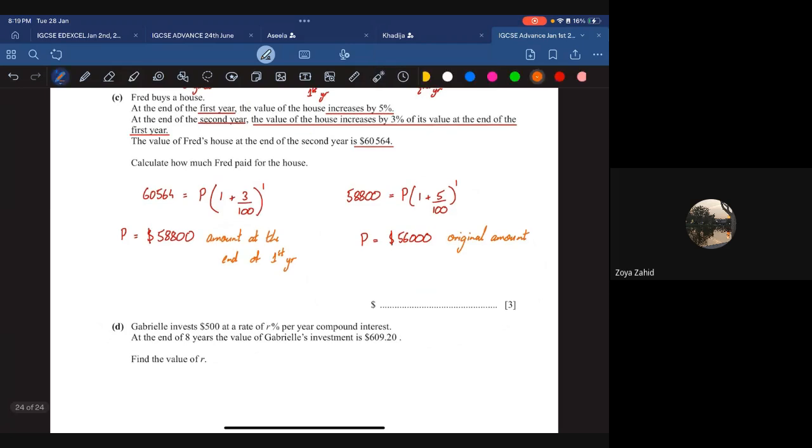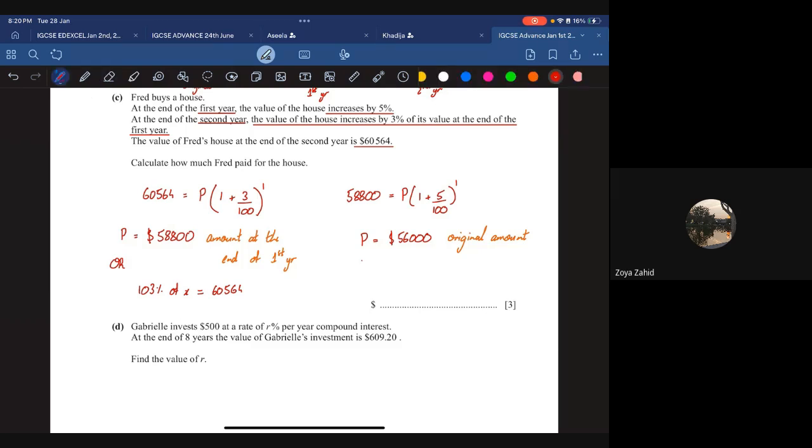So technically, the amount at the end of the first year can also be calculated as 103% of X, which is equal to 60564. And X would have been equal to 60564, and you would have calculated it like this.